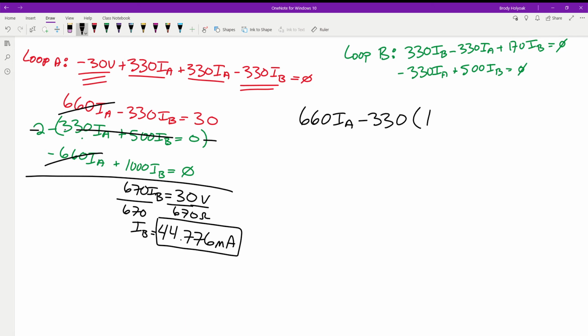So we get 44.776 milliamps is equal to 30. And now we just simply solve for IA. So this value here, we have 660 IA subtracted by 14.776 is equal to 30.